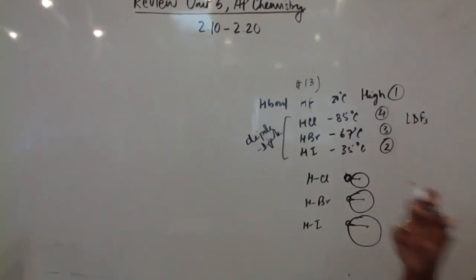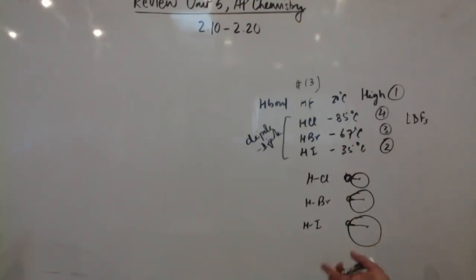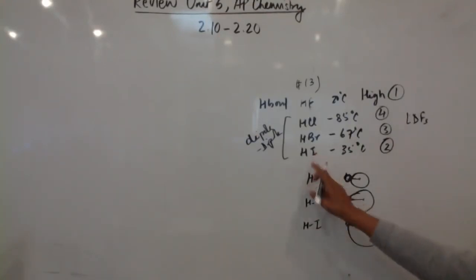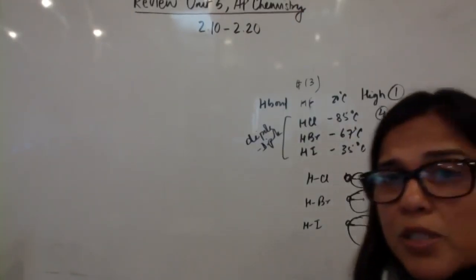You will say that HI has the highest boiling point because I, being the largest atom, has the most distortion of electron cloud, resulting in the highest London dispersion forces. This could have been addressed either way. If they had given you HI as least, then they wanted you to look at the dipole-dipole. But because they gave you HI as the highest, you know you need to address it with London dispersion force.